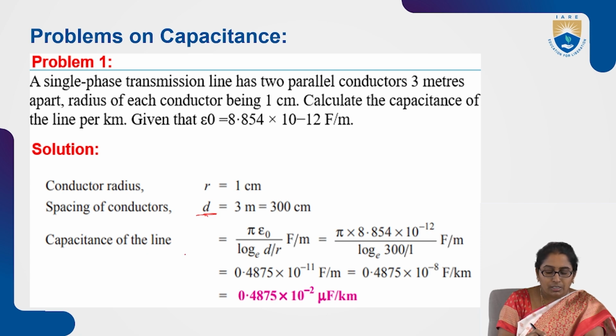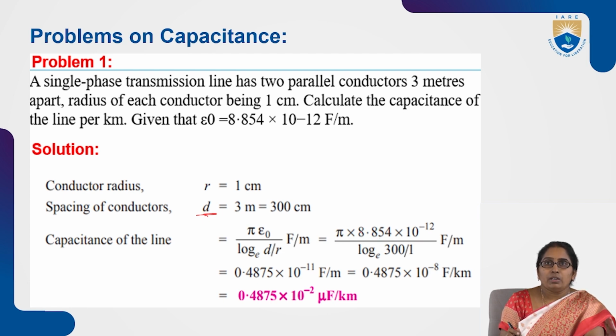The expression is C is equal to pi epsilon naught by log base e d by r. So here substitute the epsilon naught value: pi into 8.854 into 10 power minus 12 by log base e, with d and r both substituted in centimeters, so 300 by 1.